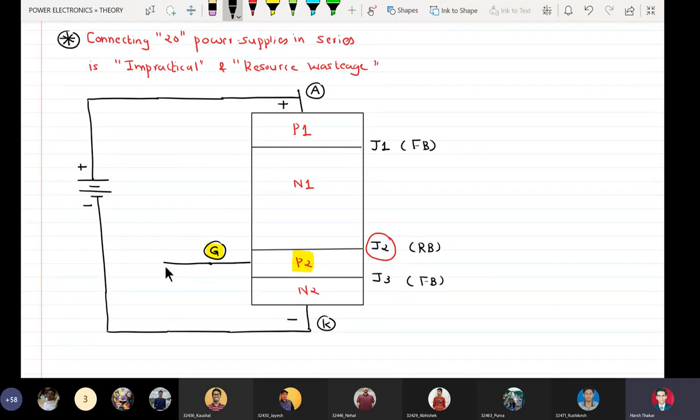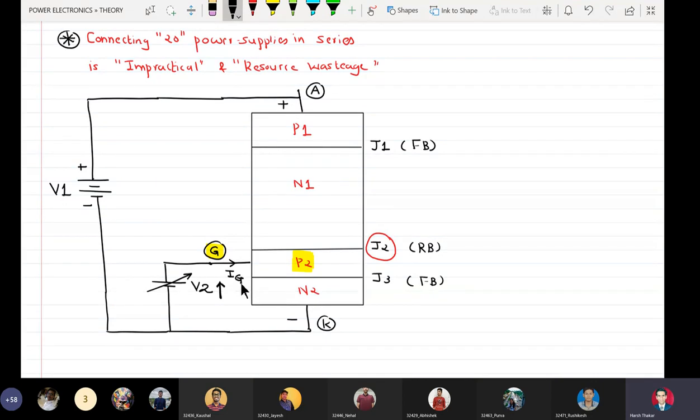And I will make it variable. Let me say that this potential is called V2 and this potential is called V1. Okay. So as and when I go on increasing the value of this battery V2, more and more current will now enter.